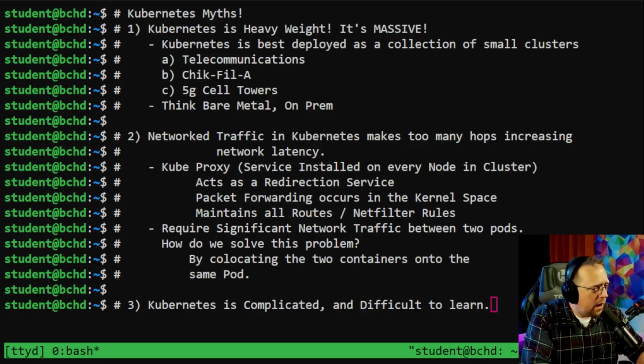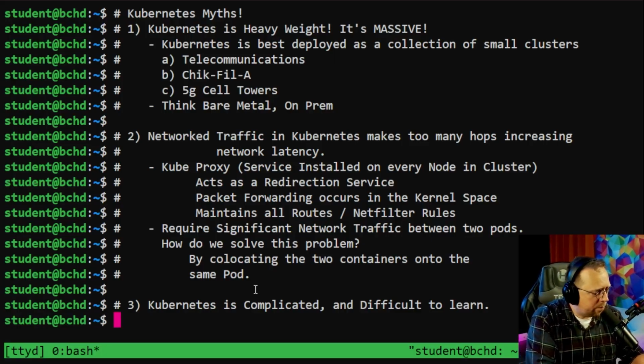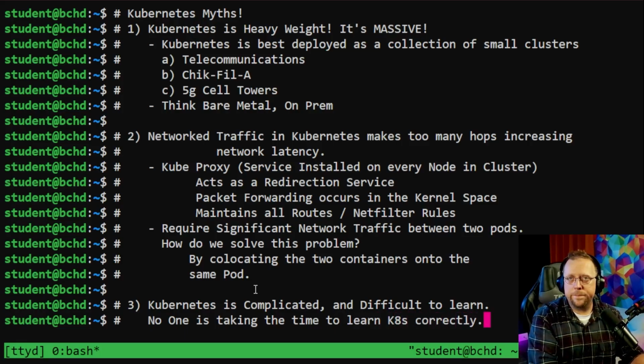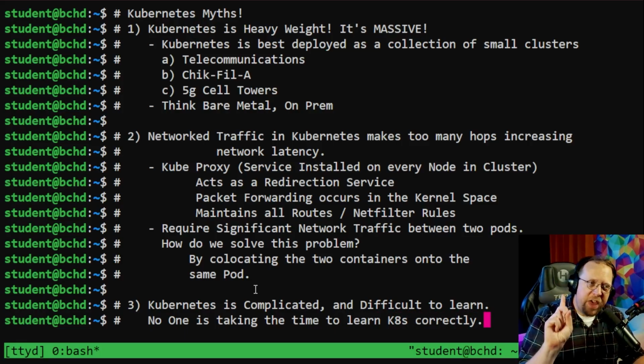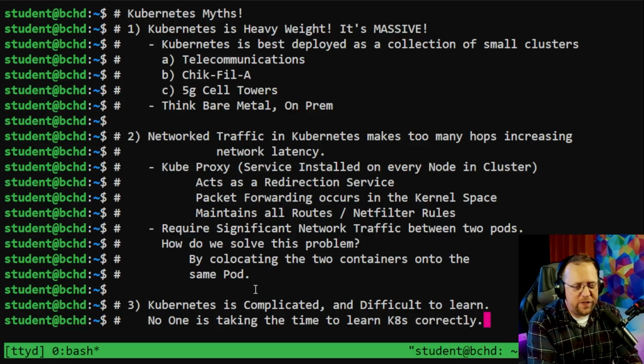It's that no one is taking the time to learn Kubernetes correctly. That's the problem.